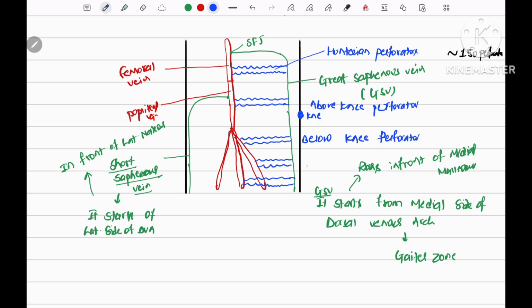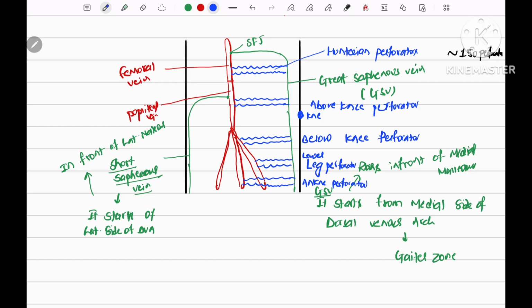The fourth one is the lower leg perforator, and the last one is the ankle perforator. Likewise, the anterior perforator is named.